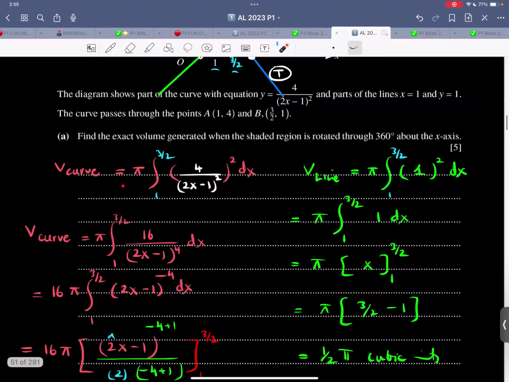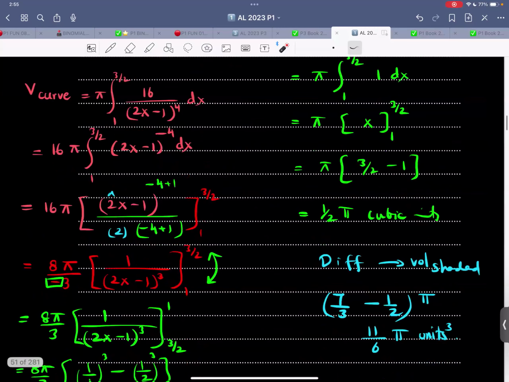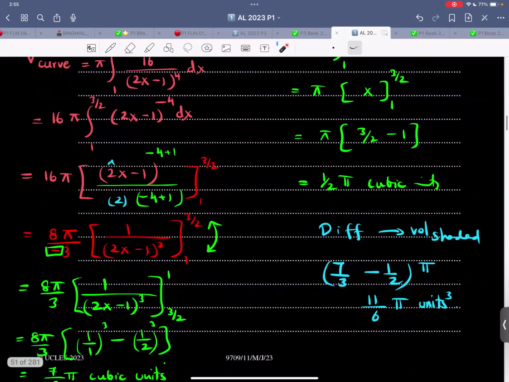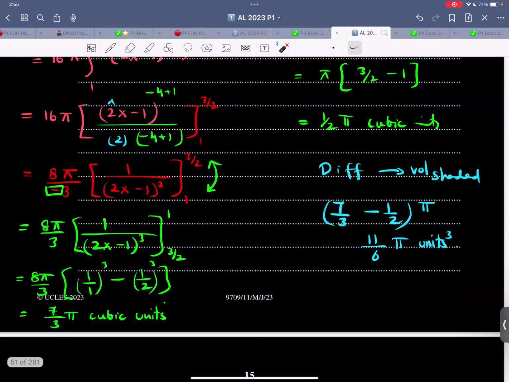So volume produced by the curve, that is this equation squared, 4 squared becoming 16 comes on the outside. 2x minus 1 power 2 raised to power of 2, power 4 in the denominator, negative 4 in the numerator, because for integration, you need to take it up. Then you apply chain rule of integration, increase the power by 1, divide by the new power, divide by the coefficient of x. And over here, then you simplify.